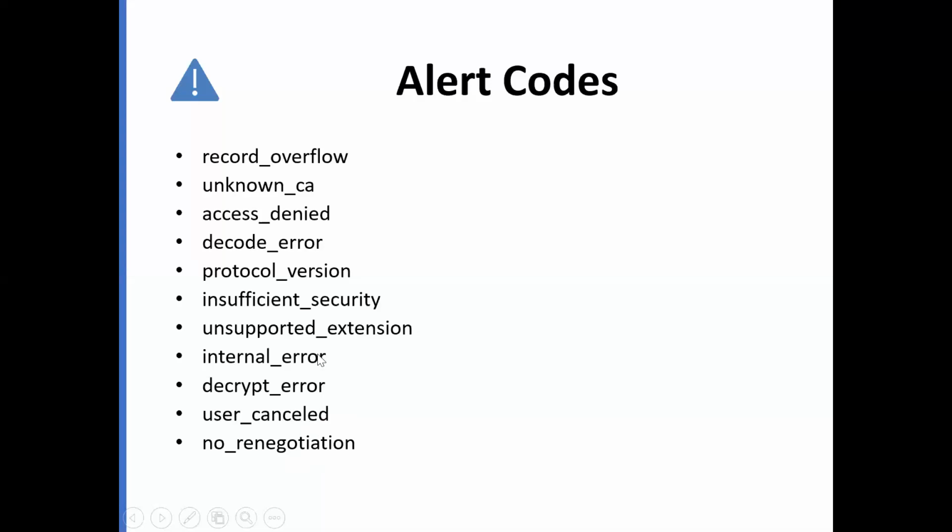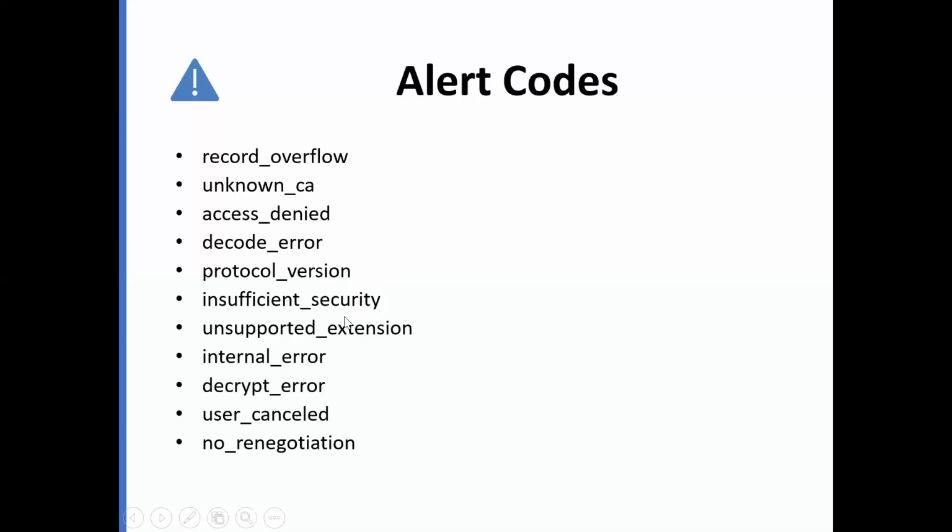So these are the alert messages with respect to transport level security. Record overflow: if that payload exceeds the limit. Unknown CA: the certificate is not located. Access denied: access control is not given. Decode error: at the receiver side, decoding does not happen properly. Protocol version is not supported.